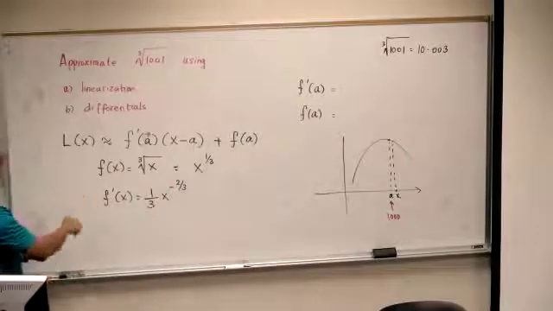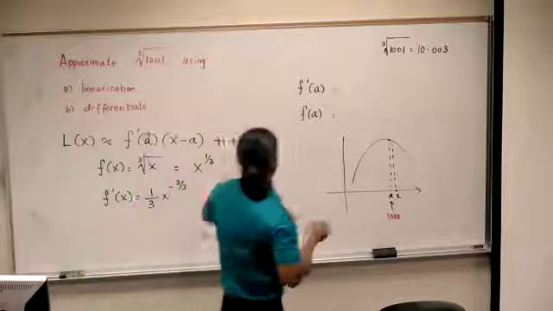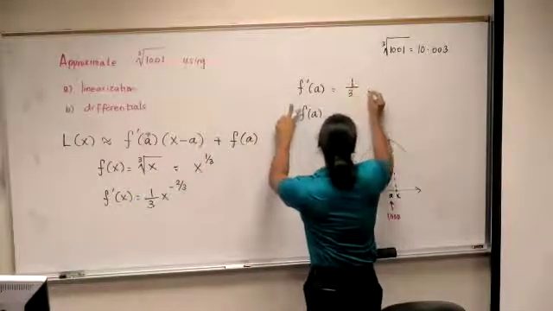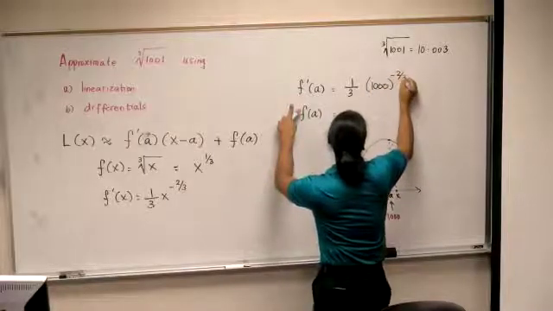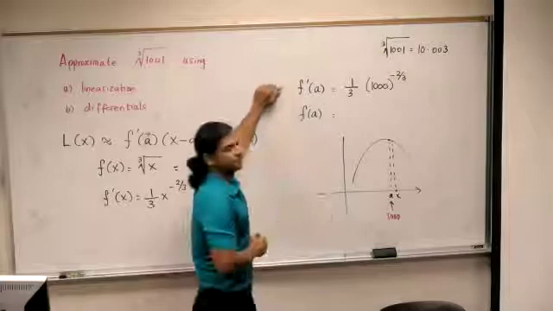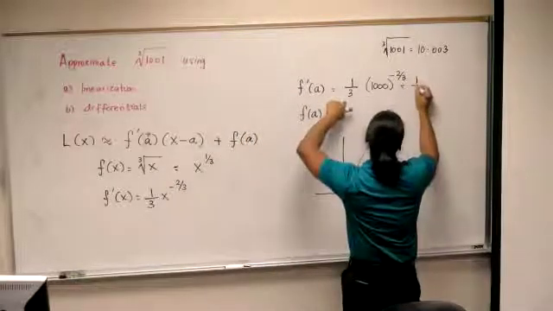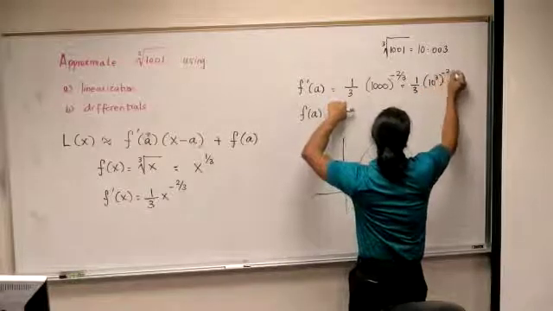And let's plug in 1000 in the derivative and the original function. So 1/3 multiplied by 1000 raised negative 2/3, which I can write as 1/3 times 10 cubed raised negative 2/3.